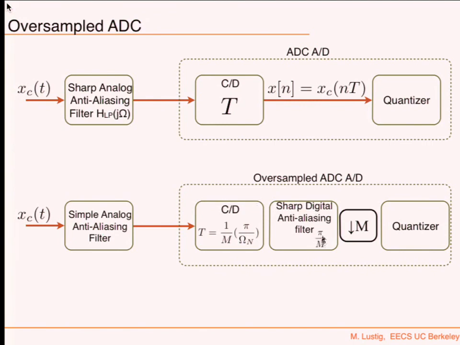So filter it by pi over M, and then downsample by a factor of M, digitally.